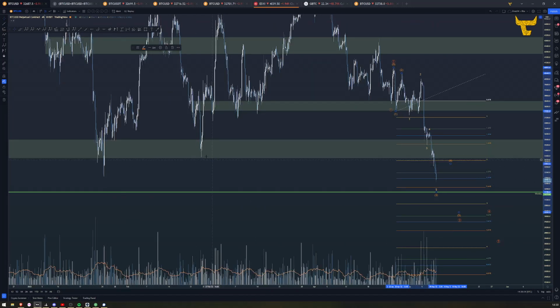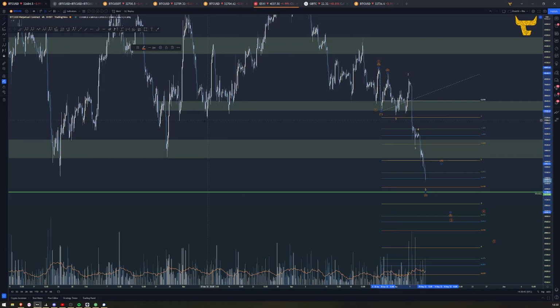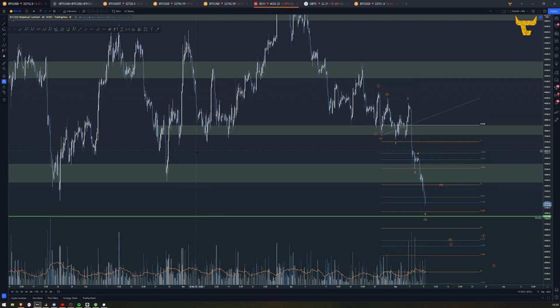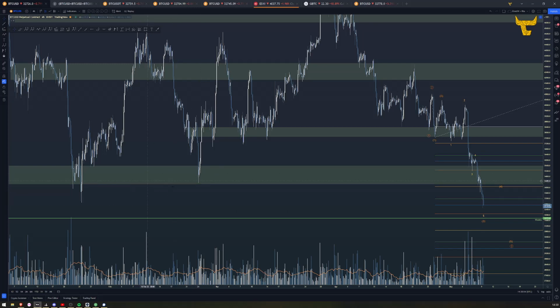As we probably took a lot of liquidity below these two lows, maybe we have a bit of room for a bounce. Oh, we didn't quite bounce after taking this liquidity, but those lower equal lows are a lot more important than these two, and the higher ones, of course.